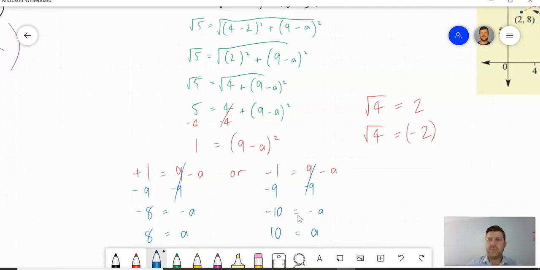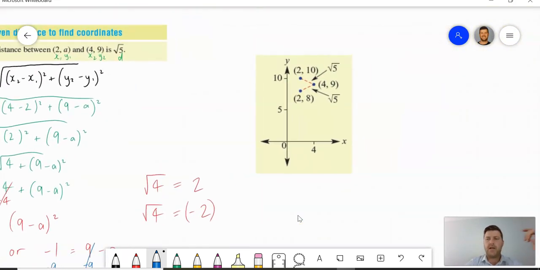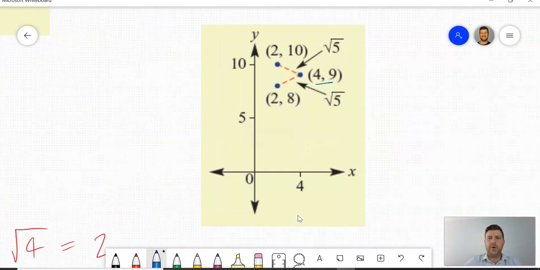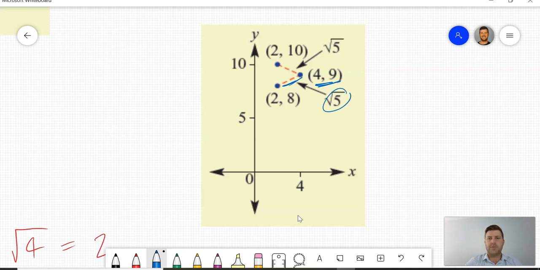And this explains it a little bit better if I can actually just show you. So we know that this was one of the points, 4, 9, and we know that the distance of the line segment was the square root of 5. So the square root of 5 can be the distance between these coordinates, 4, 9, and 2, 8, the value we worked out.